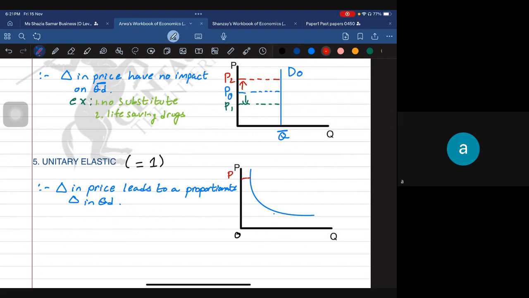Let's suppose this is the price P2 and this is P1. Sorry, it's Q1 and Q2.